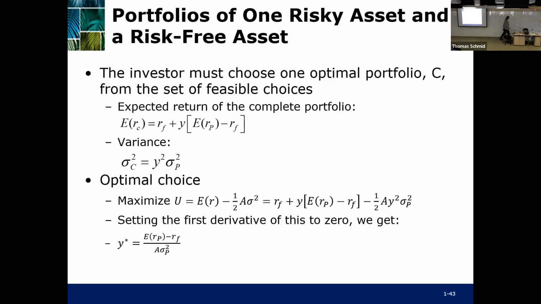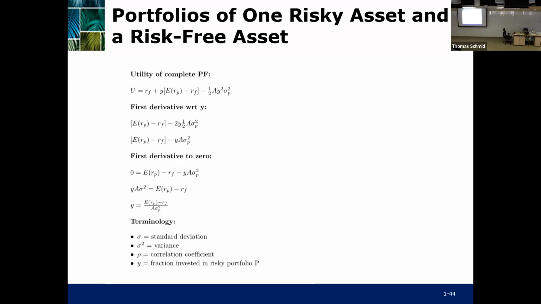So how do we do that? Well, this is quite straightforward. Here you have the different steps. Let's go through it very quickly. So again, this is the utility formula.